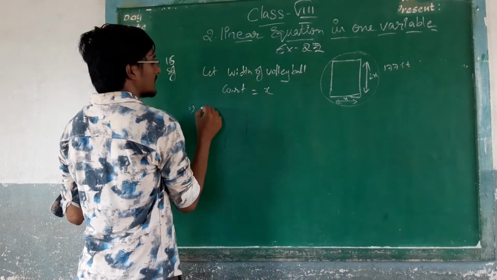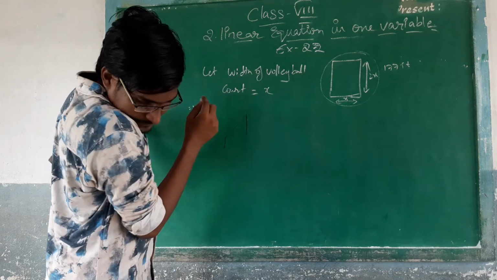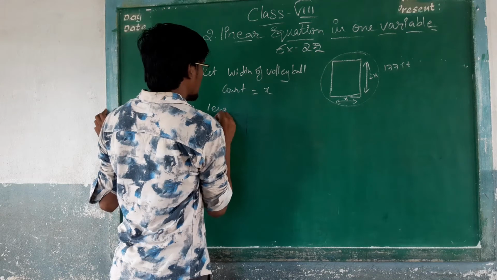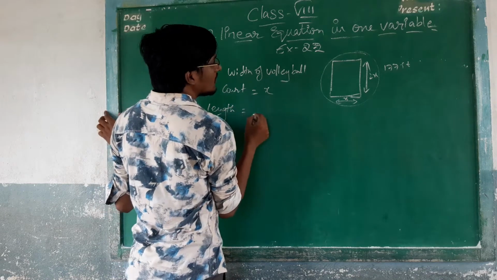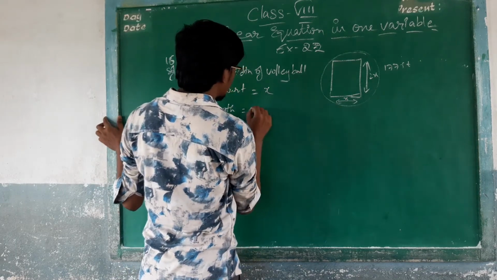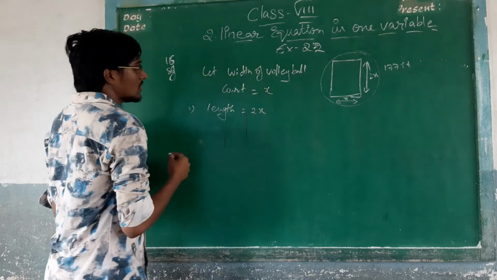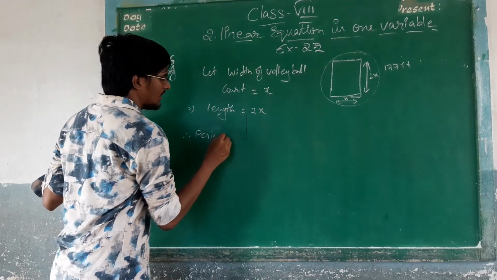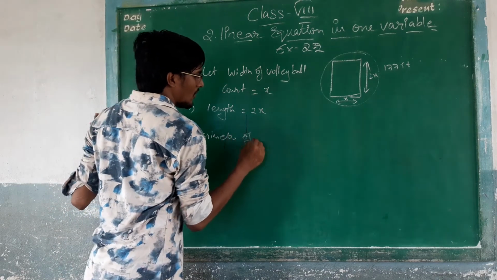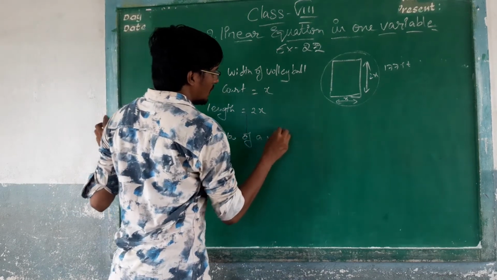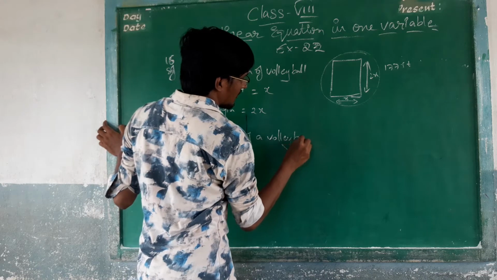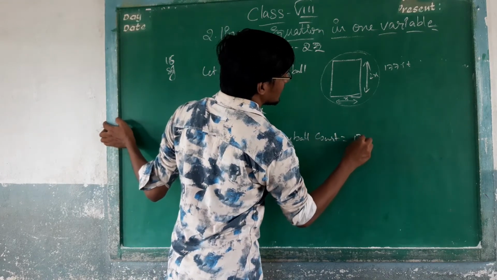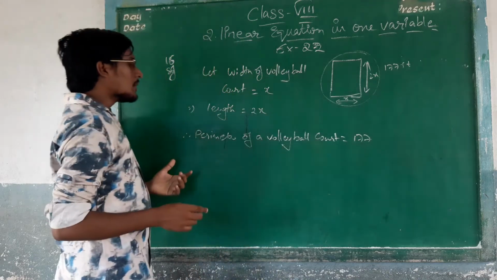That implies length equals, what is the length here? Twice its width, that is equal to 2x. And we are given that the perimeter of the volleyball court is 177.